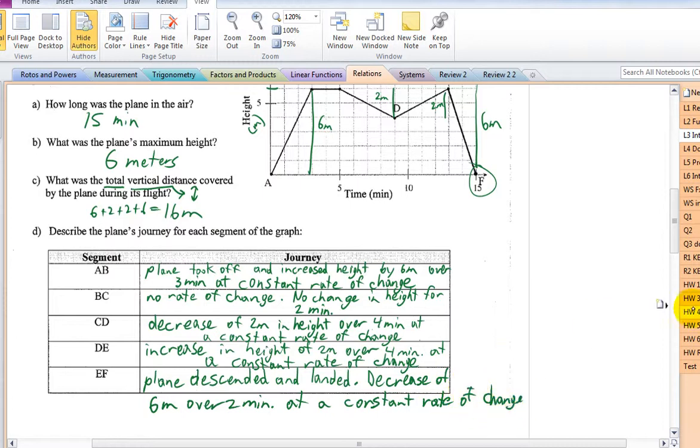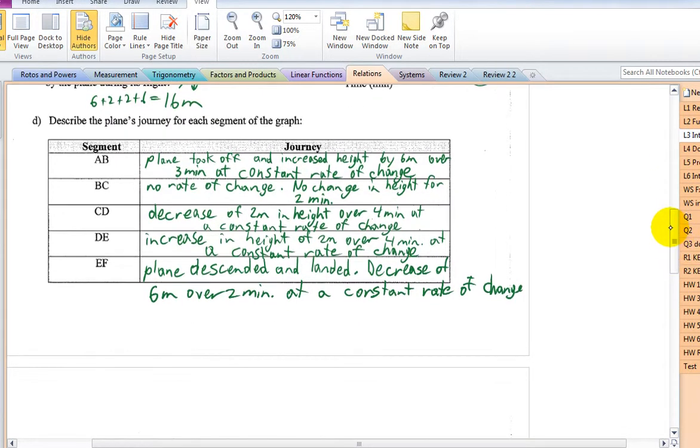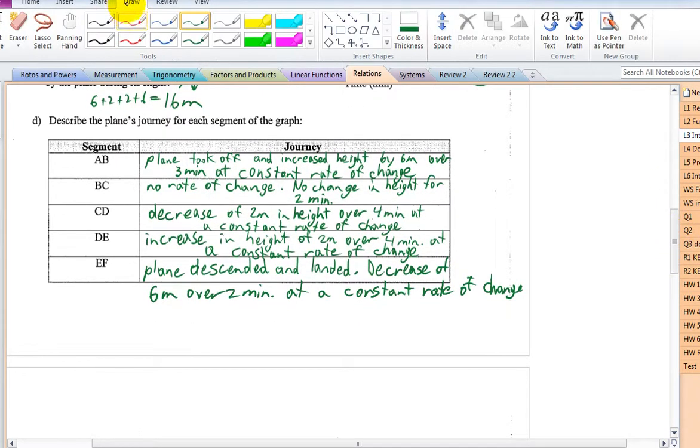Okay. Now, you can write these slightly differently. Everyone should have slightly different sentences. That's normal. What's not normal is that everyone has the exact same answer as in the back of the book. For example, for EF, I can say there is a constant decrease of 6 meters over 2 minutes.